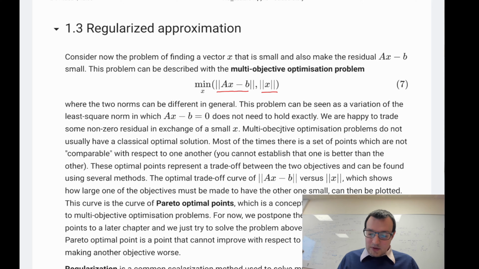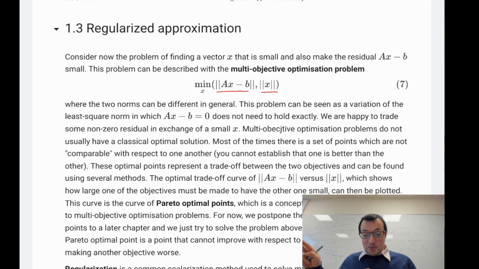So in a multi-objective optimization problem, we don't have a classical optimal solution because essentially a solution depends on how much we care about one objective with respect to the other. If we care a lot about the first objective with respect to the second, we get an optimal solution.